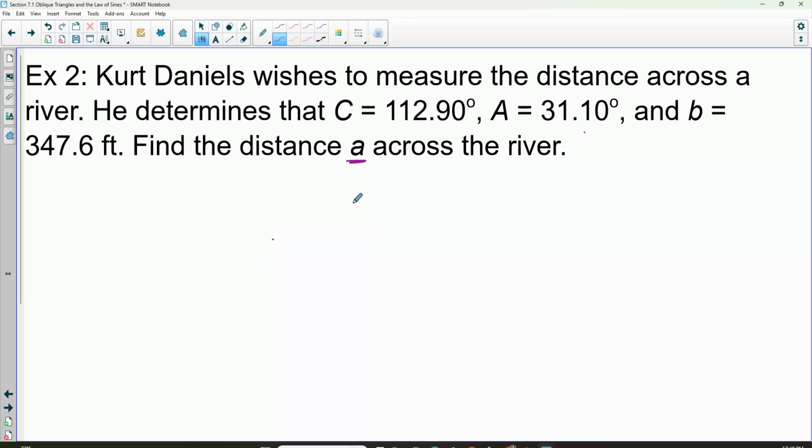Okay, you could do a whole picture, but all you really have to know is we're looking for side A. We don't have a right triangle, so we have to use the law of sines. So A over the sine of A, which one would we need that to be equal to?